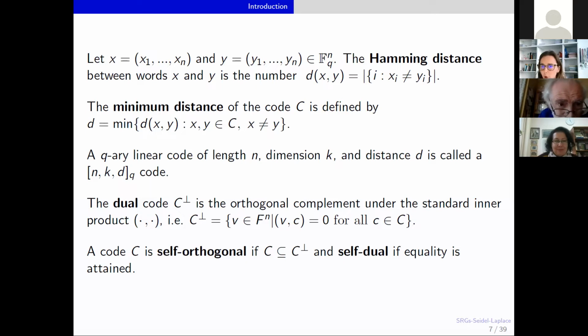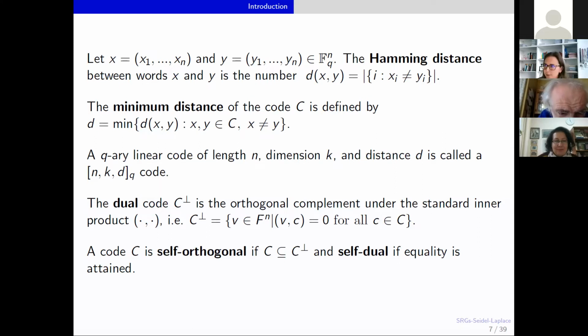To any code, you can associate its dual code, which is the orthogonal complement under the standard inner product. It means that in this dual code lie all the vectors whose inner product with all the code words from the code C is equal to 0. We say that the code is self-orthogonal if it is contained in its dual code, and it is self-dual if equality is attained, that is, if it is equal to its dual.